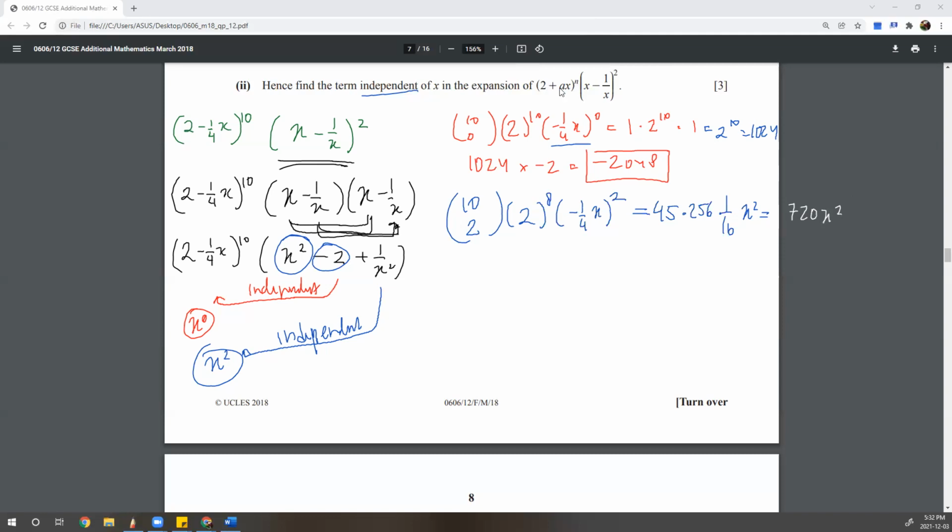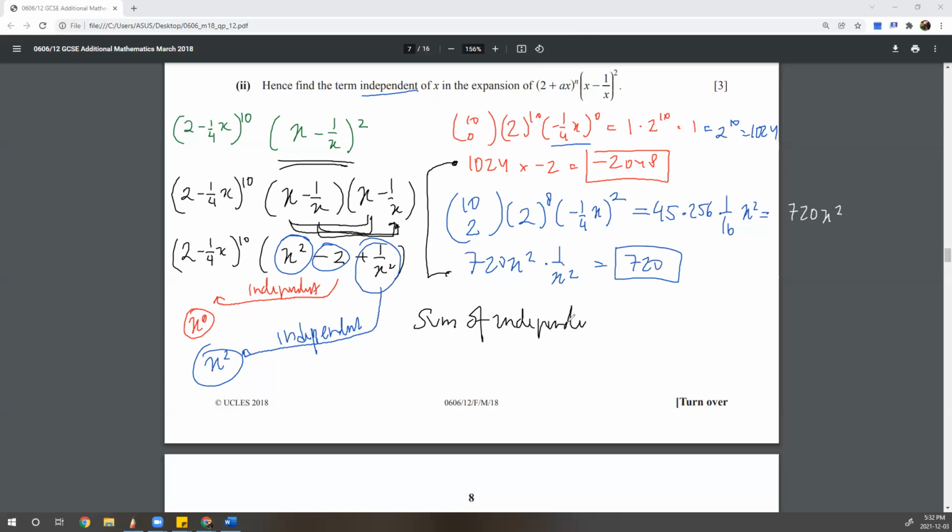And then you multiply with this. See? So 720 x squared multiply with 1 over x squared, right? Because you have to do the rainbow multiplication and you will get the independent term. So it is 720. We have 2 independent terms right now, and then you just add it up. So the sum of independent term is negative 2048 plus 720.